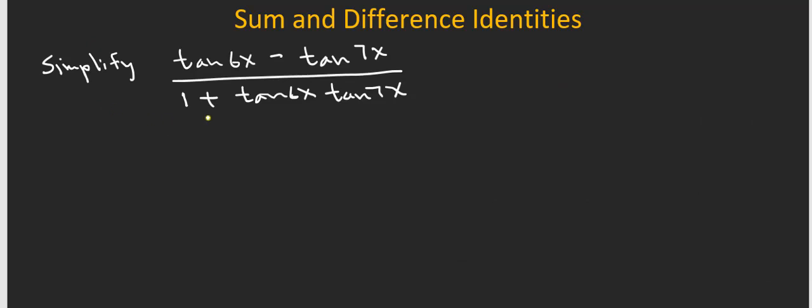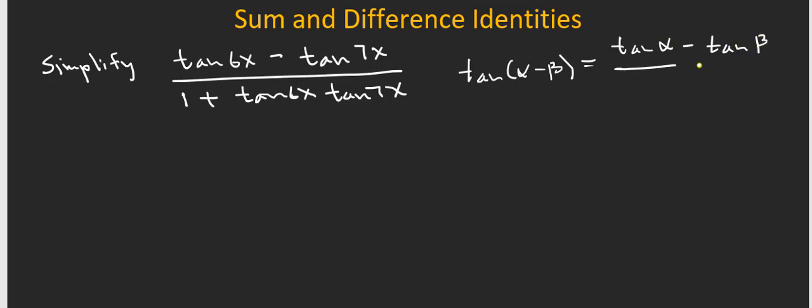Okay, they want us to simplify this expression right here. Again, if you look at the formula, that looks like tangent of alpha minus beta equals tangent alpha minus tangent beta all over 1 plus tangent alpha and tangent beta.